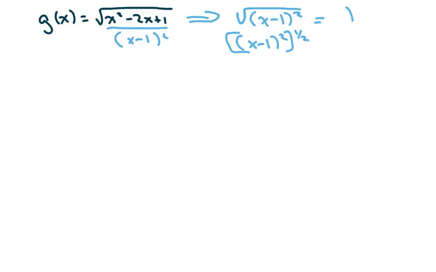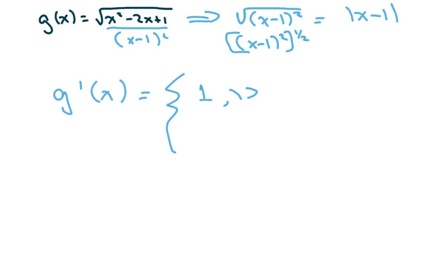But you can take the absolute value of this. So the derivative of g is going to be your piecewise function, which is going to be 1 if x is greater than 1, and negative 1 if x is less than 1.